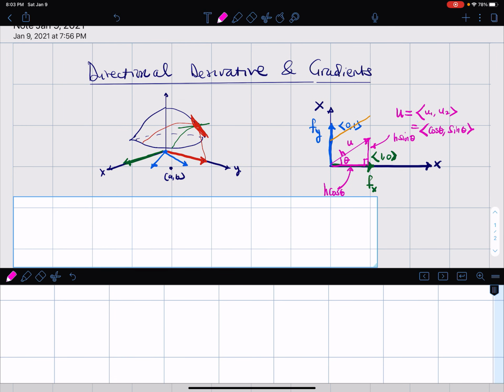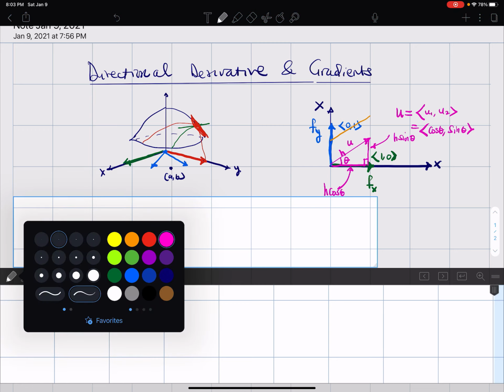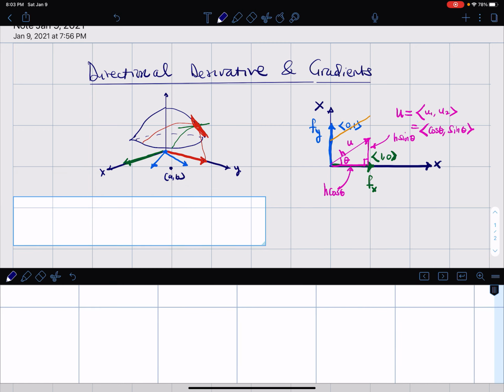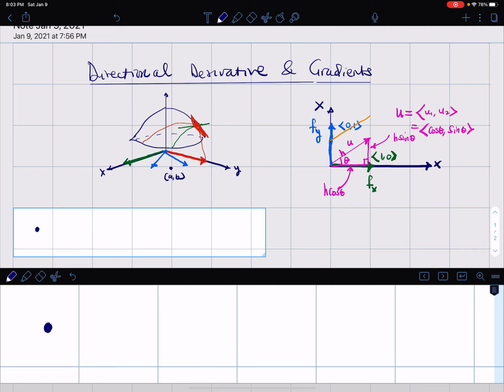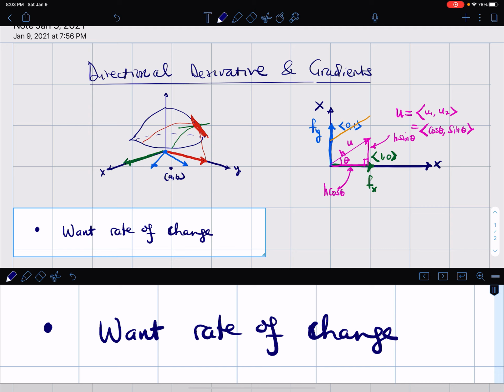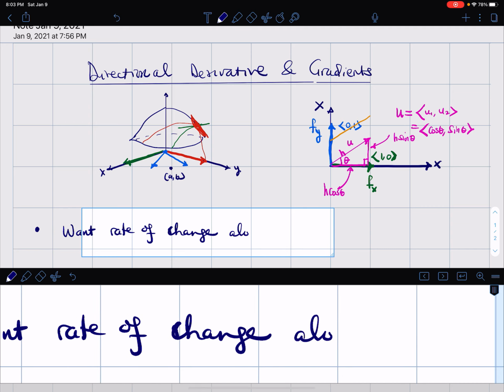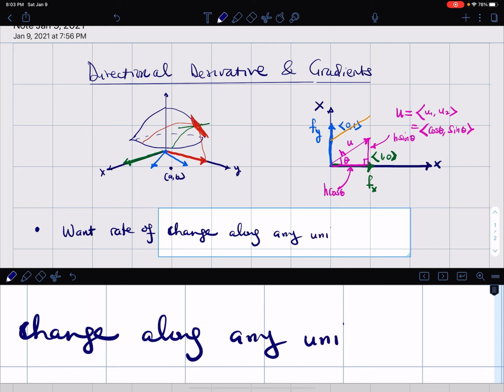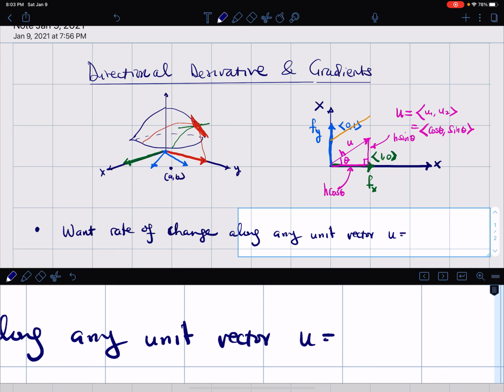All right. So all we want to do is we want to find the rate of change of a function. We would like to find the rate of change along any unit vector u equals u1, u2.